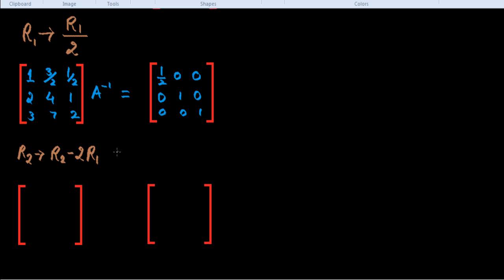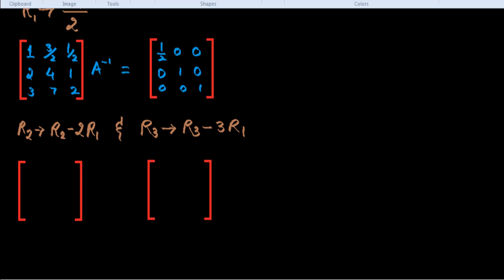This process we have to take, and for R3 we have to make 0. It is R3 minus 3R1, because the element value is 3, so 3R1. R1 is 1 there. So we make it now.